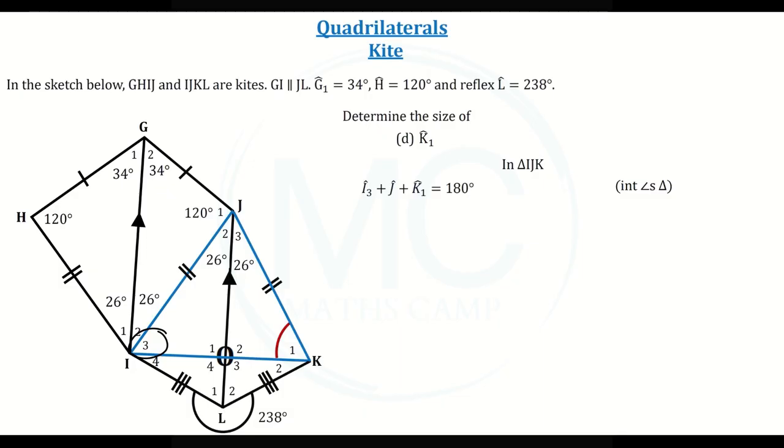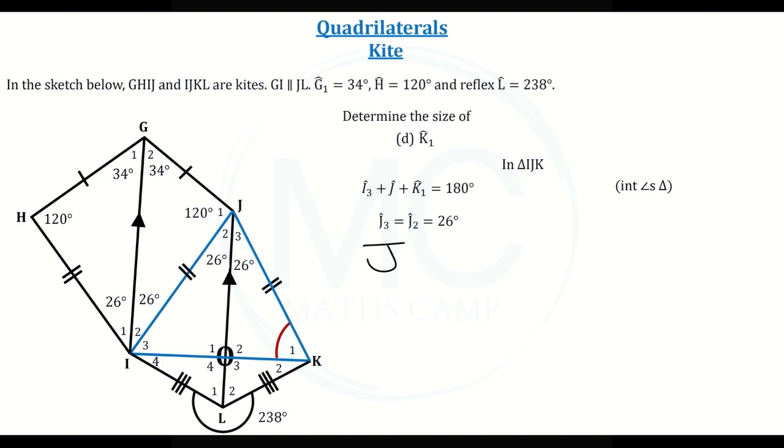We know that J2 is equal to J3. So let's make a note of this. J2 is equal to angle J3, and these are both equal to 26 degrees. Angle J is made up of angle J2 and J3.